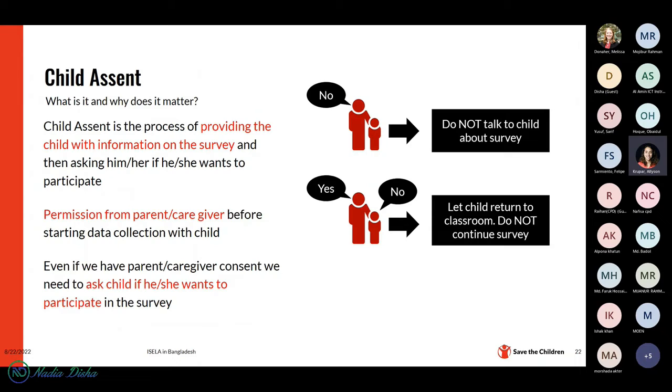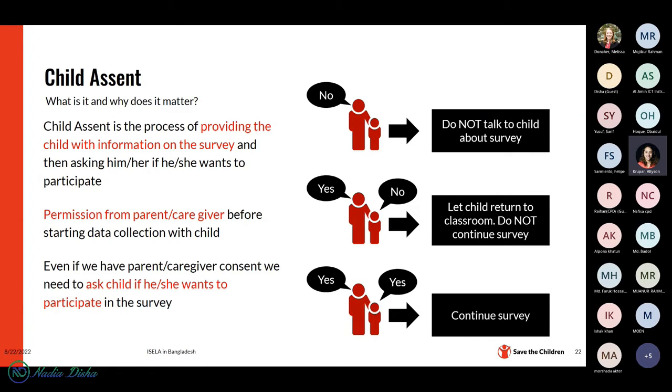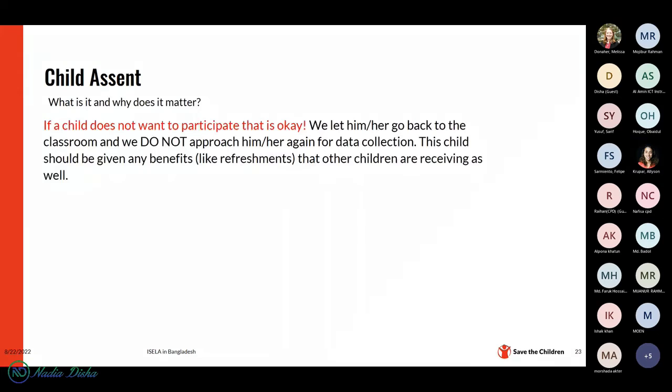We do not continue the survey. So even if the caregiver agrees but the child doesn't, we do not continue the survey. Only if the caregiver and the child both agree to participate do we continue the assessment. Again, this is probably a review. And it is totally okay if the child does not want to participate in the assessment.